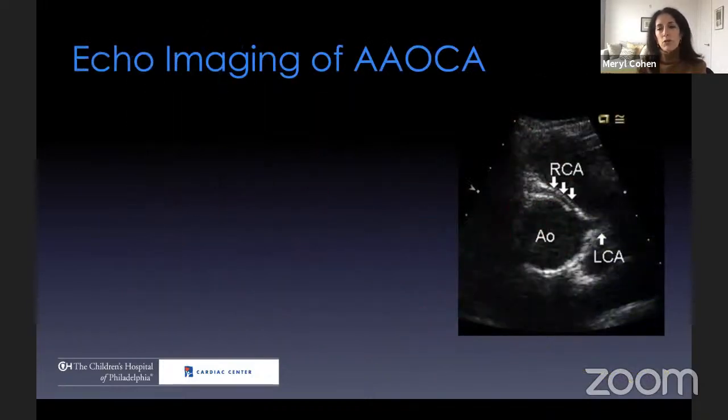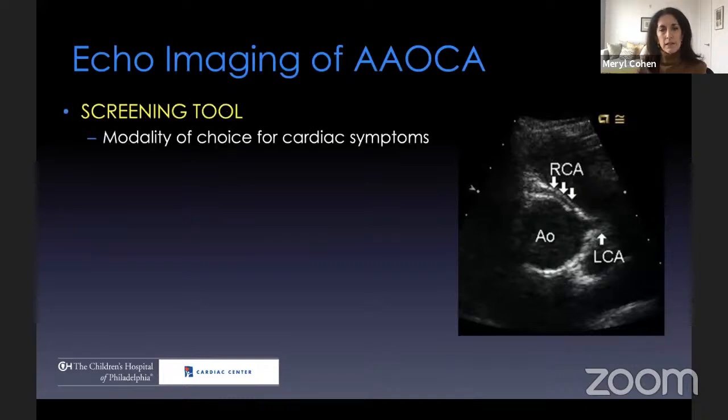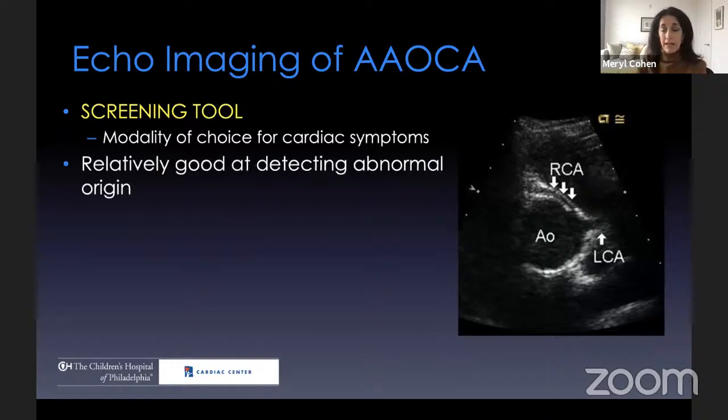With regard to echoing these findings, echo is a screening tool for this diagnosis, and it is the modality of choice when there are cardiac symptoms such as chest pain or palpitations or any suspicion in that situation.